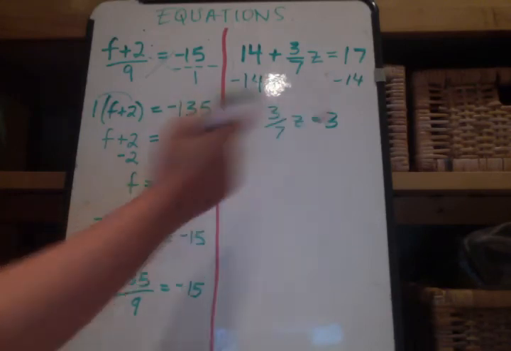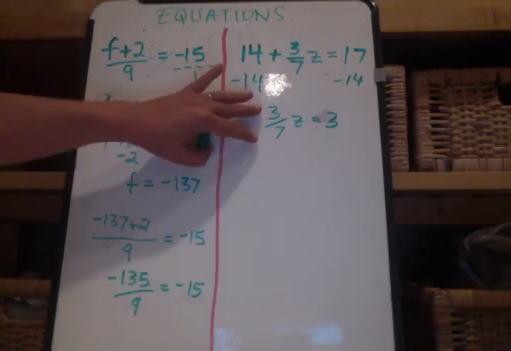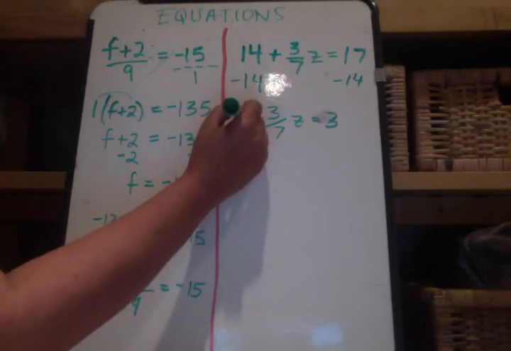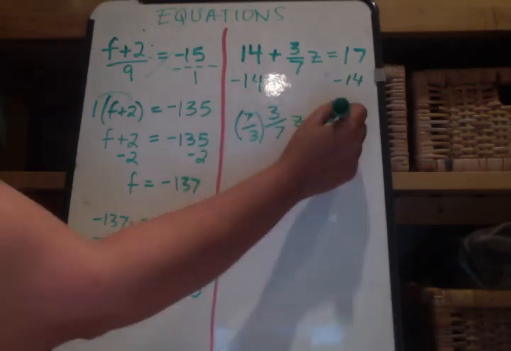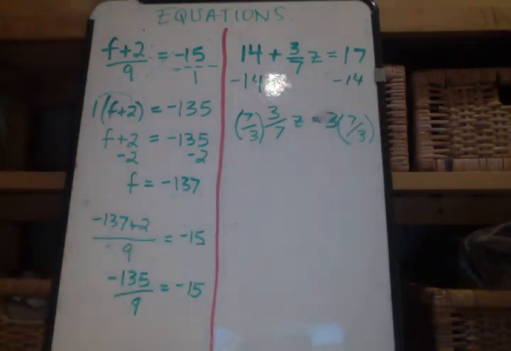Now, in order for me to resolve this, notice 3/7 times z equals 3. What I have to do here is I'm going to just do the reciprocal of 3/7, which is 7/3. And I'm going to multiply both sides by 7/3. Remember, whatever I do to one side of the equation, I have to do the other.